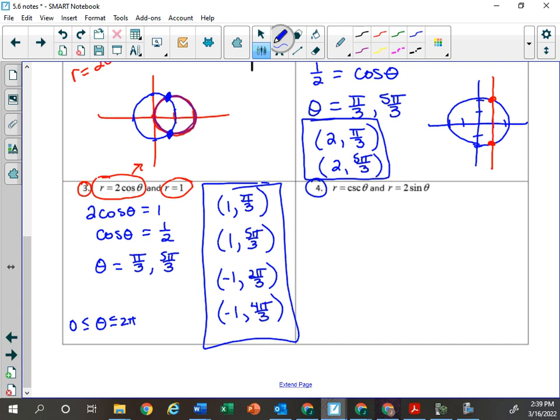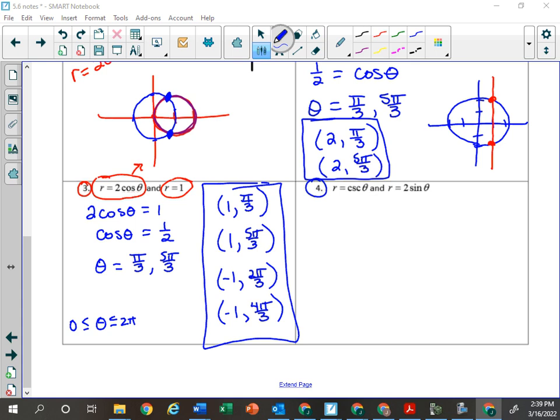Please explain. You got plus or minus root 2 over 2 for r? Yeah. But if you just put in pi over 4, you're going to get 1 answer. So sine for pi over 4, what is sine?